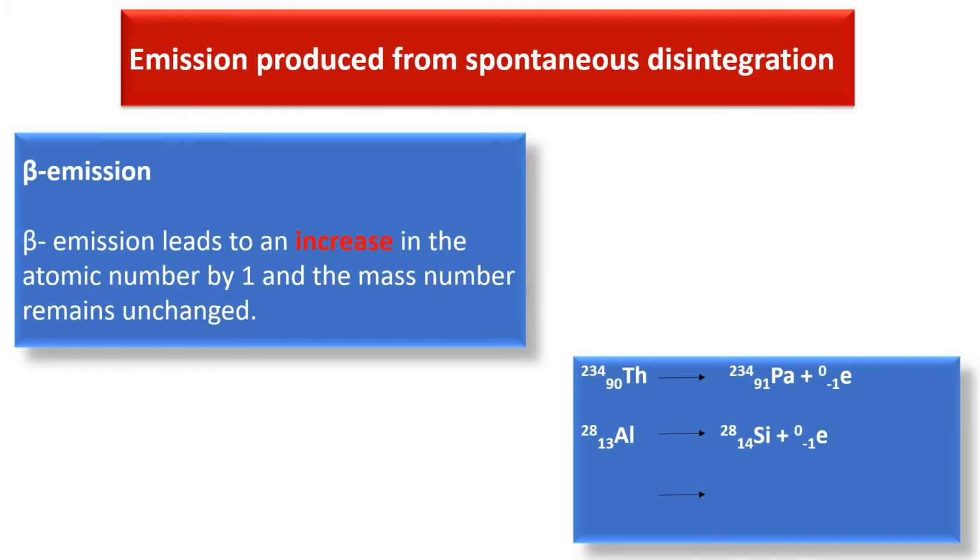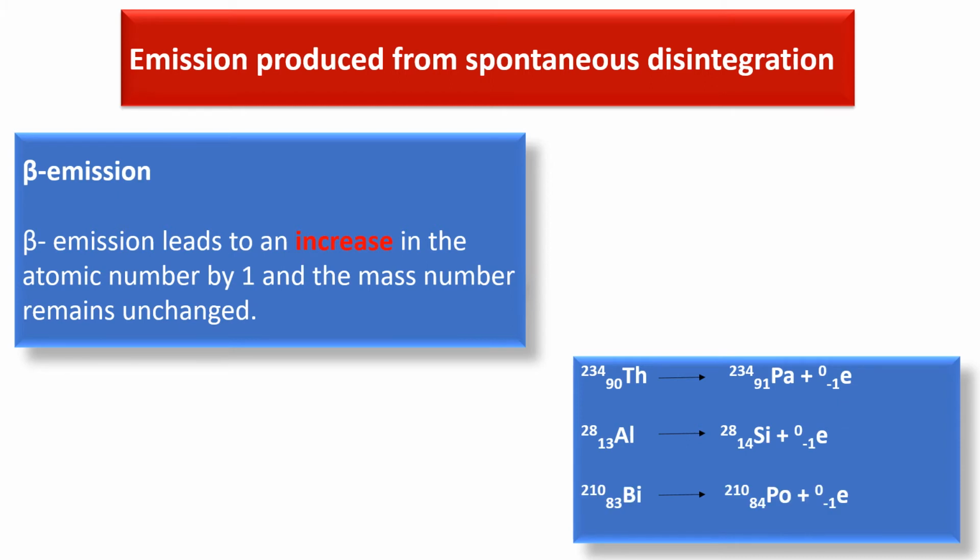By the time you add the mass number of the new element silicon and the mass number of the beta particle together, 28 plus 0, it will give us 28, which is the mass number of aluminium, our reactant. And by the time you add the atomic number of silicon and the atomic number of the beta particle, which is 14 and -1 together, it will at the end give us the atomic number of aluminium, our initial atom.